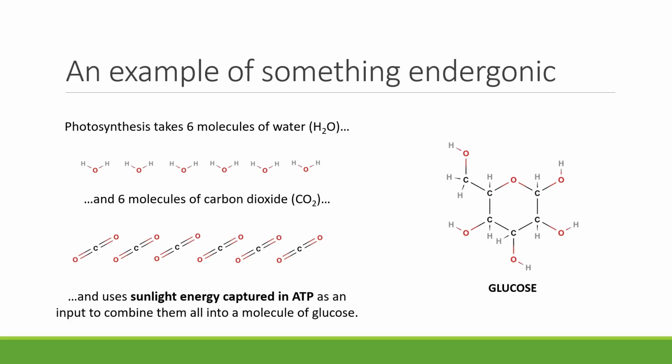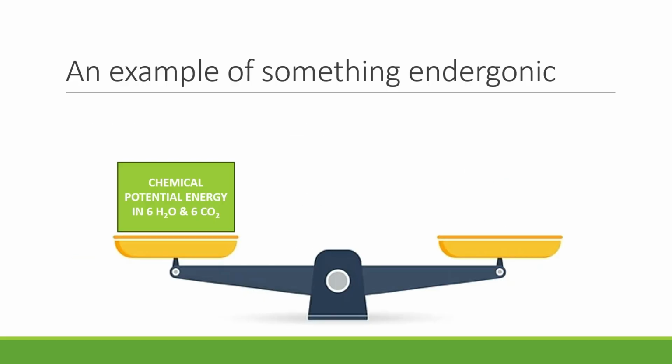It basically builds glucose from water and carbon dioxide. So because this process requires an energy input from sunlight, it does not occur spontaneously. It is endergonic. And here's what that looks like on our little scale figure.